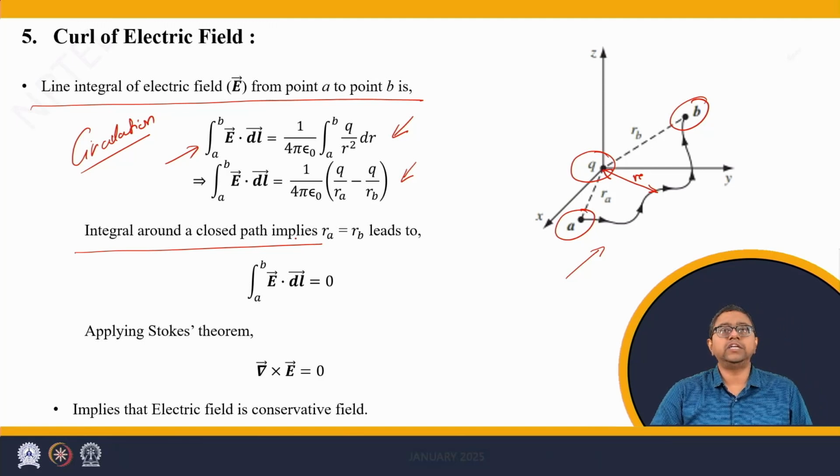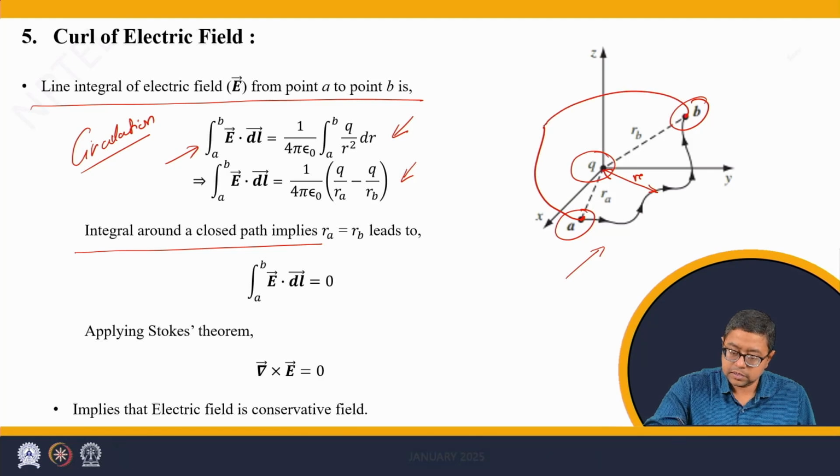To obtain the circulation around a closed path implies A and B becoming coincident. This completes the loop but also means that A and B are equal. Hence, Ra becomes equal to Rb.